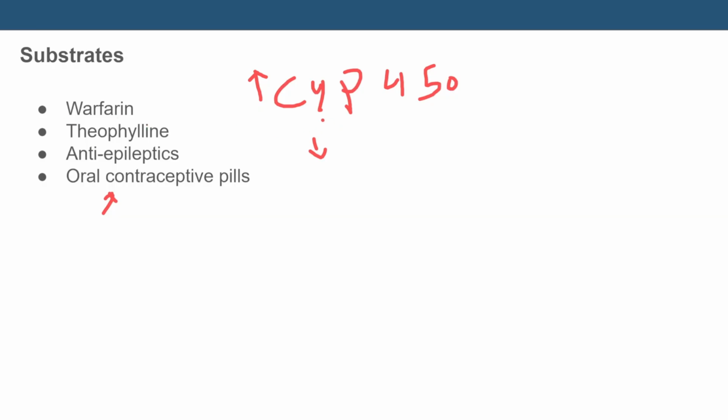So if CYP450 levels are down, if they are inhibited, then warfarin will go up, theophylline will go up, antiepileptics will go up, and oral contraceptive pills will go up. So sometimes you might take warfarin with another medication that inhibits CYP450, and that means warfarin levels will go up.